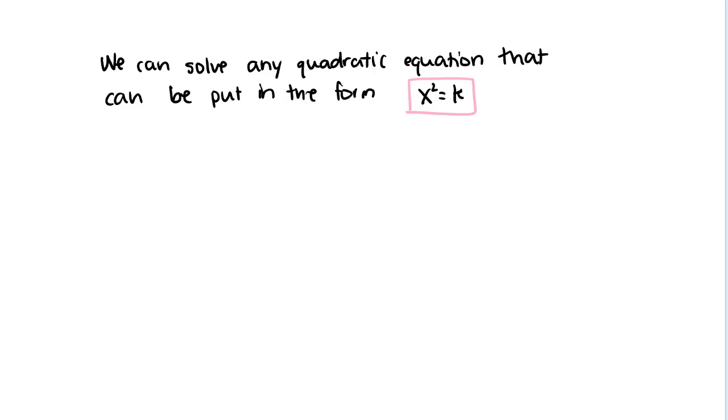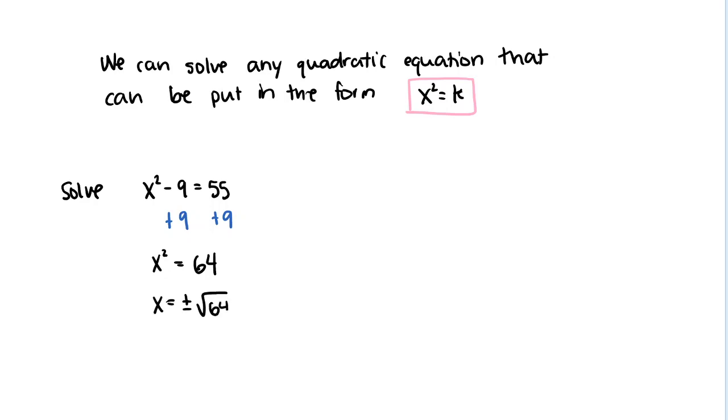For example, if I have x squared minus 9 is equal to 55, and I wanted to solve this equation, well, this looks a little bit different than what we've had in the past, but if we add 9 to both sides, all of a sudden it looks like the kinds of equations we were solving just a moment ago. We have x squared, and we just have a number on the other side, and we can rewrite this as x is equal to plus or minus the square root of 64. And the square root of 64 is the number that squares to 64, that's 8.